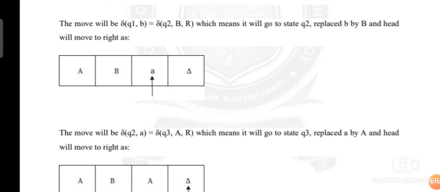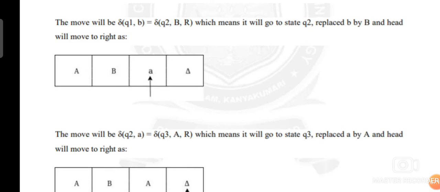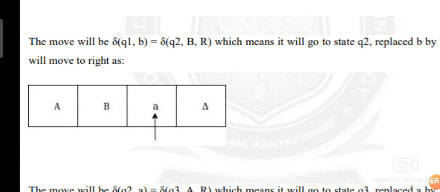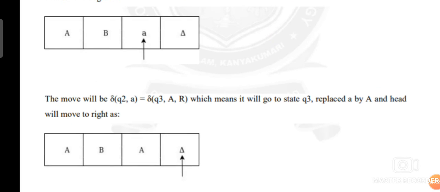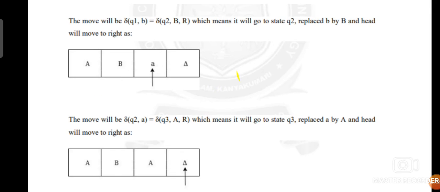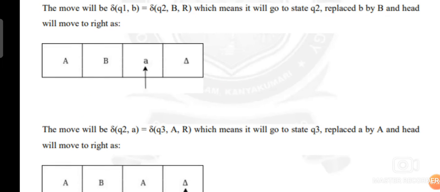Then the head pointer will move to the right. This will be represented by the state transition function δ(Q1, b) = (Q2, B, R). After that, the head pointer will be pointing to the third symbol, a.